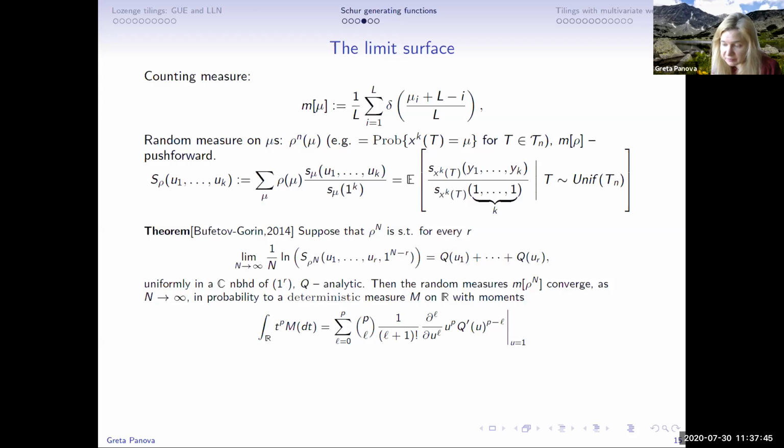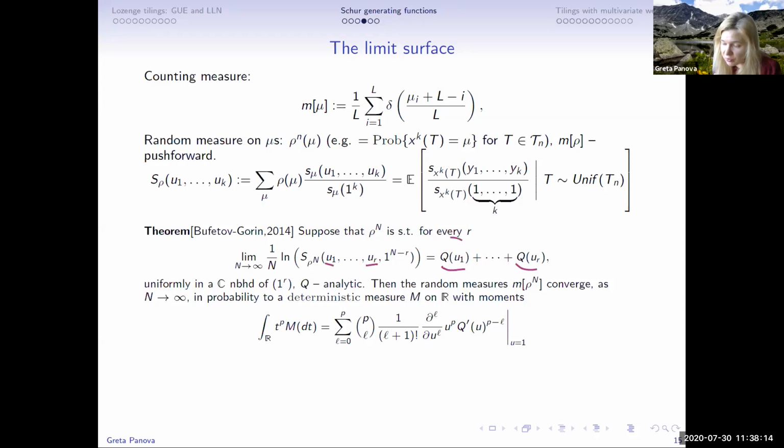is that if there is a particular independence for the Schur generating function, which holds in many cases. So if we take this particular limit, then we can express it as a sum over independent separate variables.